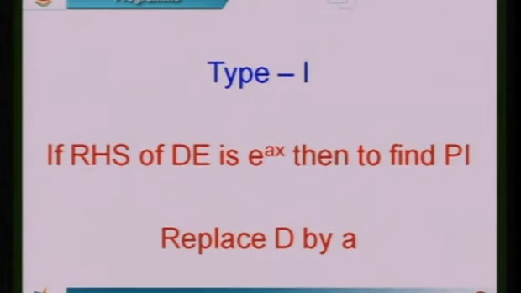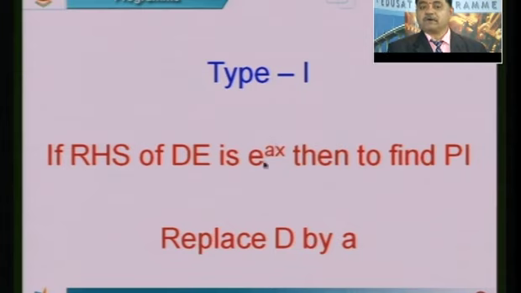If the right hand side is in e power ax format, then it is definitely under type 1. For type 1, what is the condition? If the RHS of the differential equation is e power ax, then to find PI, the particular integral, replace D by a. Wherever your capital D is there, replace it with small a. Where is that a? It is the coefficient in the power of e. I think you understood how to find the particular integral.